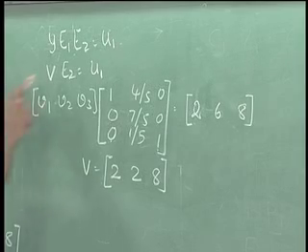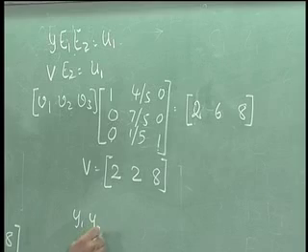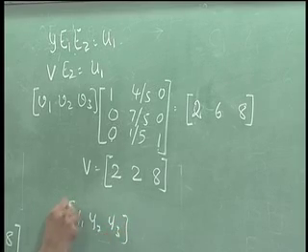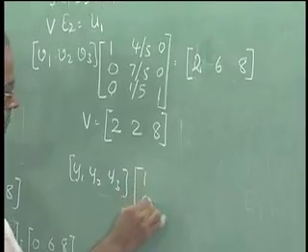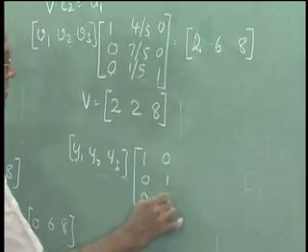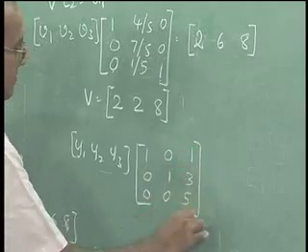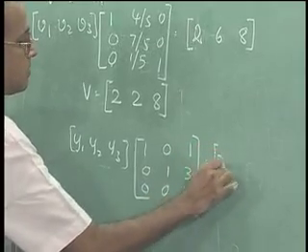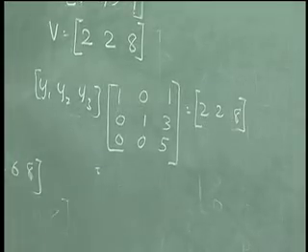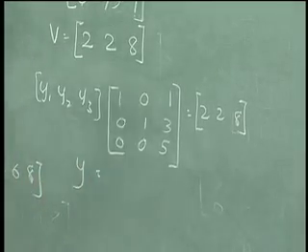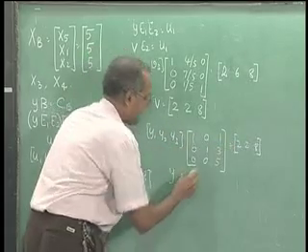Now, we again go back, we have written y into E1 as V. So, we write y1, y2, y3 into E1, which is from here 1 0 0, 0 1 0, 1 3 5 is equal to 2, 2 and 8, from which, once again by the very nature of the eta matrix, y1 plus 0 y2 plus 0 y3 is 2.